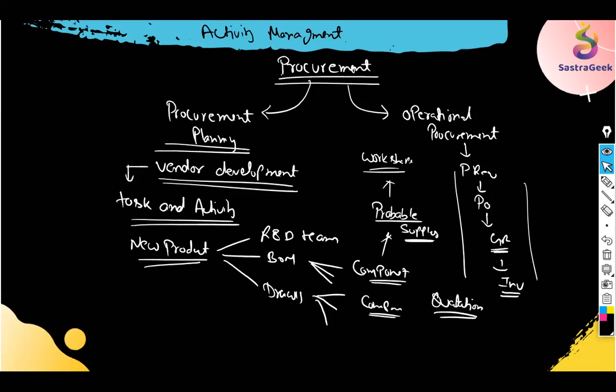Apart from quotation, you would also be doing a vendor review, whether that vendor is the one we are selecting, whether that vendor is good enough financially, quality wise, and in all the other technical and legal norms that the vendor is following. So you would be doing that kind of evaluation, and then you would be doing onboarding of the vendor.